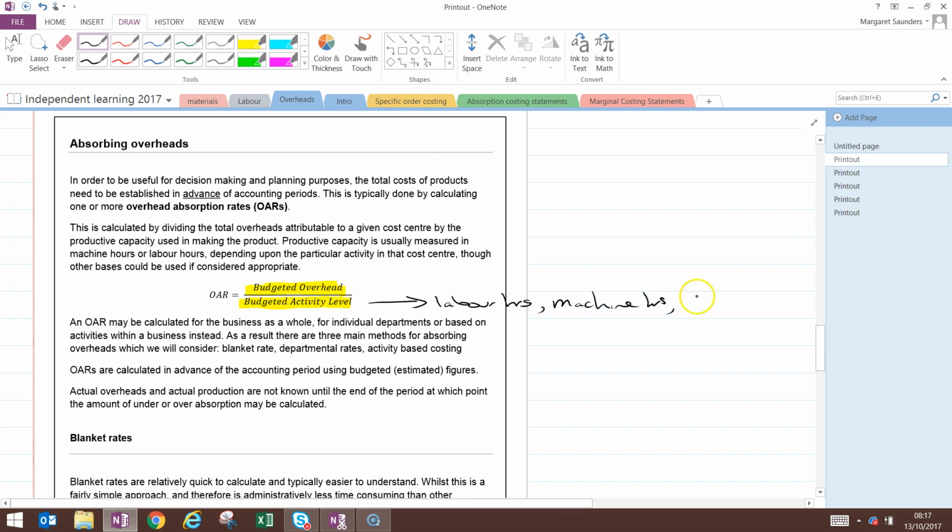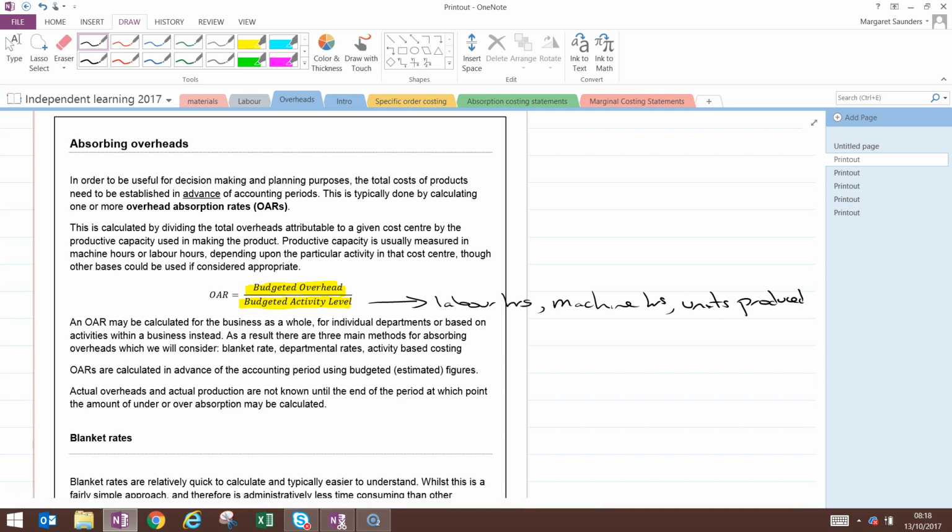We could divide by number of units produced, or there are other methods of calculating overhead absorption rates. There are other bases that we could use. So labour hours, machine hours, units produced, these are suitable bases for calculating overhead absorption rates.